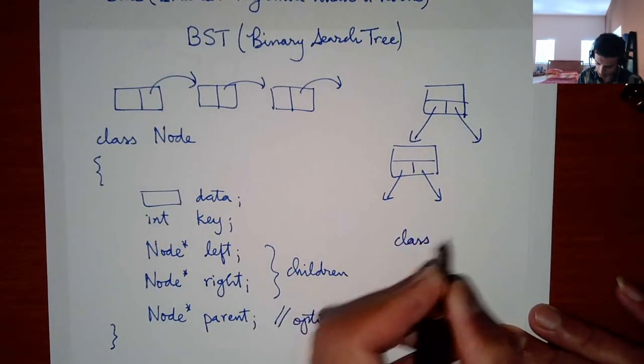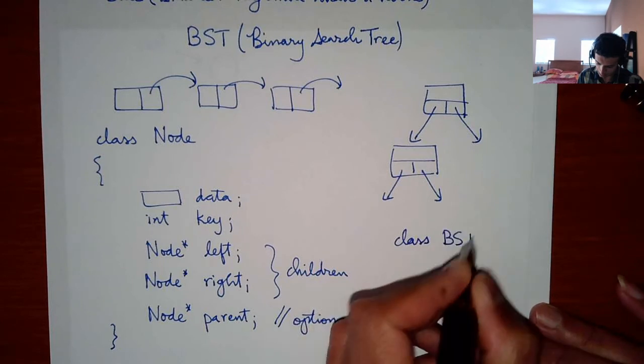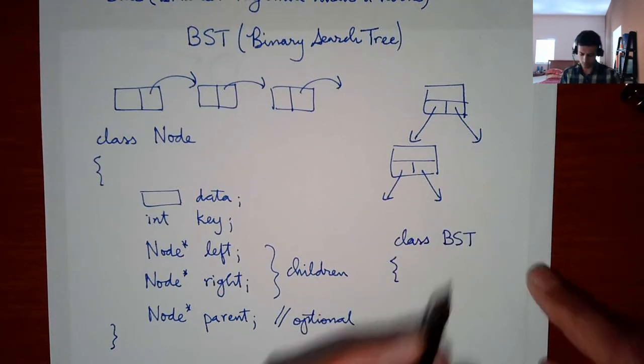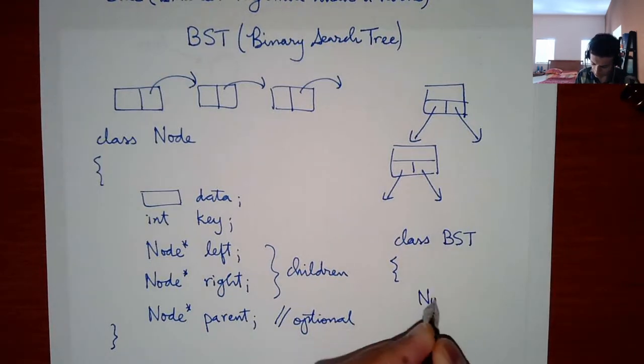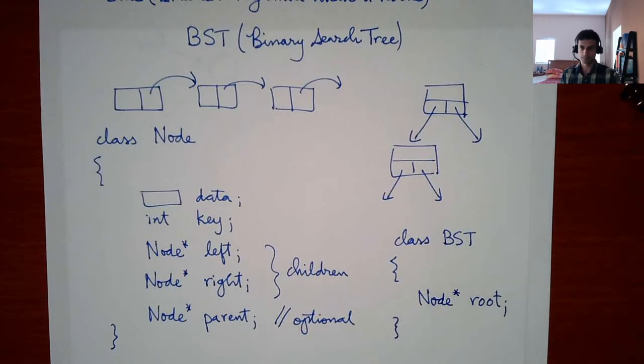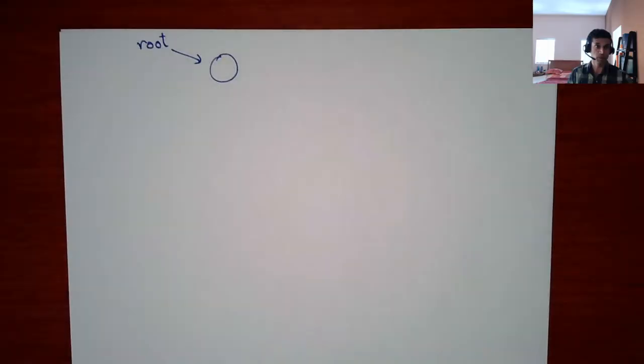So the class binary search tree, and one can even think of any tree as basically of this form, has a pointer to something called the root. So the binary search tree class has a root, and then there are lots of nodes. I will share my binary search tree code with you, which will have a lot of these details. And whatever I talk about today, I'm going to do through pseudocode.